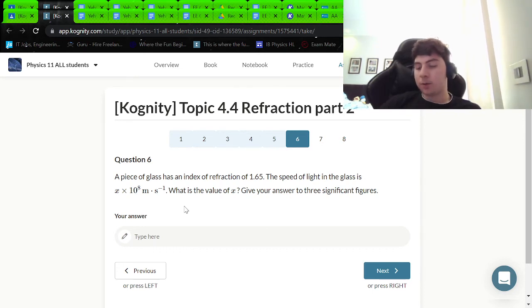No, I got it. So 1 equals something over 3 times 10 to the 8. So that means that the speed is 3 times 10 to the 8 on top as well, right?